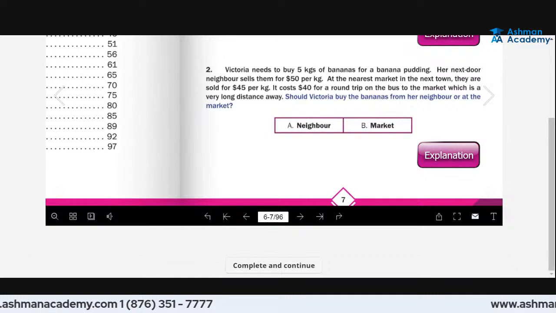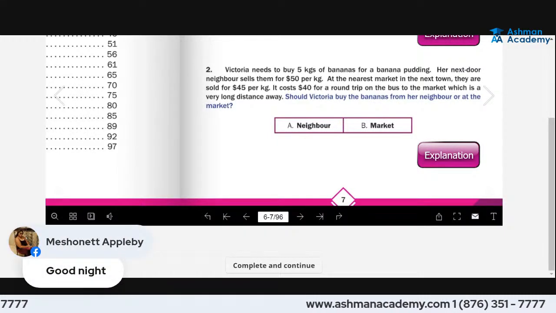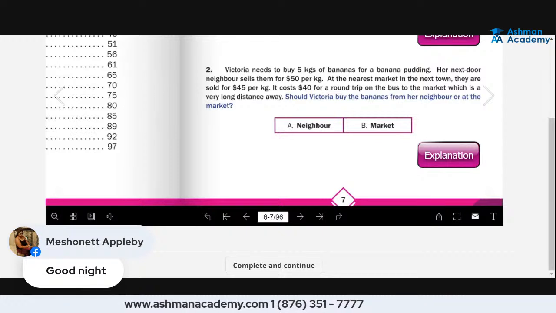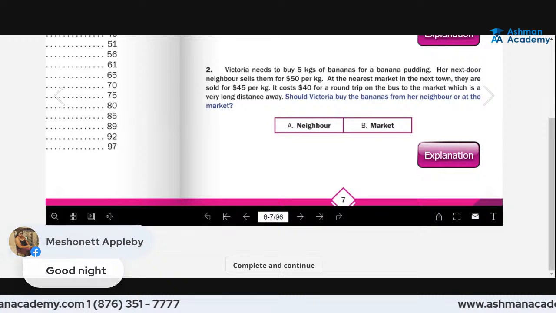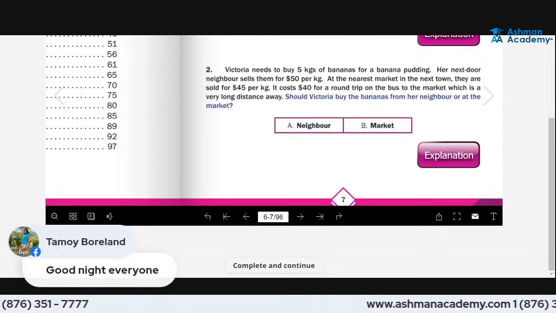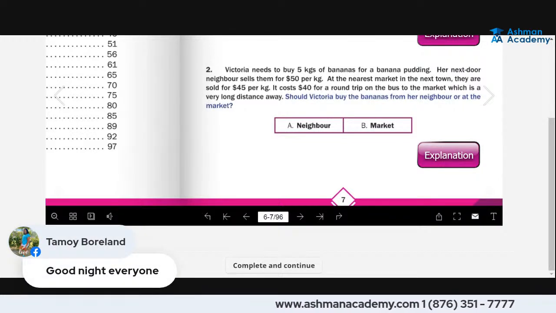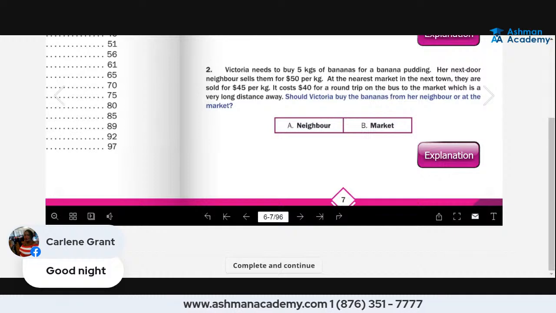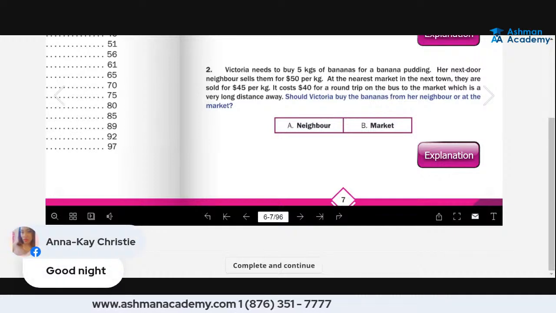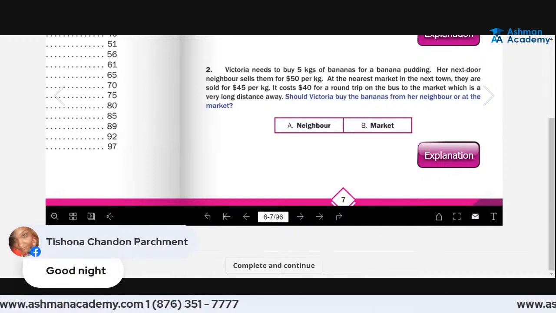Let me see who we have here. Missionette Appleby is saying good night. While you guys work out the problem, I see the time. I'm giving you 1 minute. Carol Reed, hello. Tamoy Borland is saying good night to everyone. Carlene Grant is saying good night. Anna K. Christie is saying good night. Tishona Chandon Parchment is saying good night.